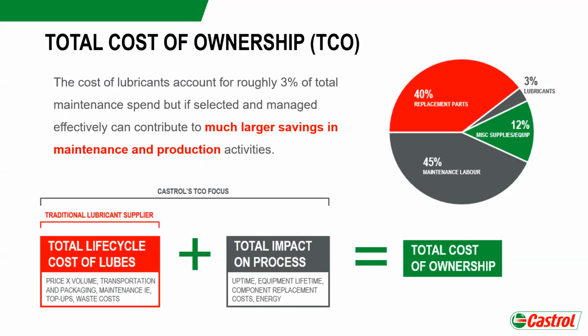The red section, replacement parts, can be influenced by having the right lubricant. Maintenance labour costs can also, to a certain extent, be influenced by the lubricant choice. There are some parts of a maintenance budget which are outside of that scope, obviously. So if we go to the next slide, please.